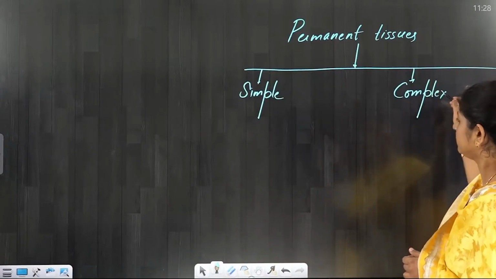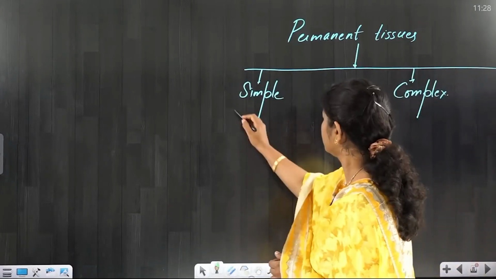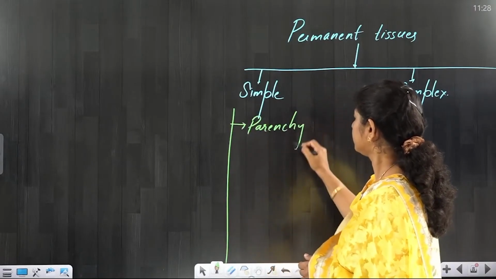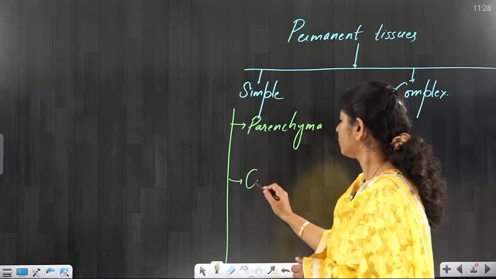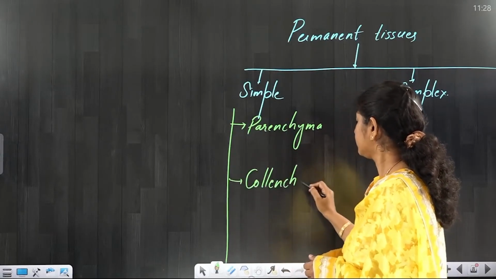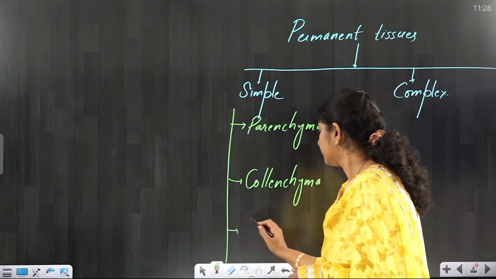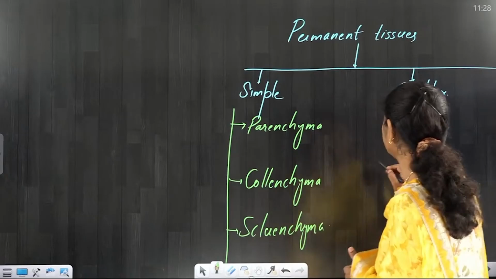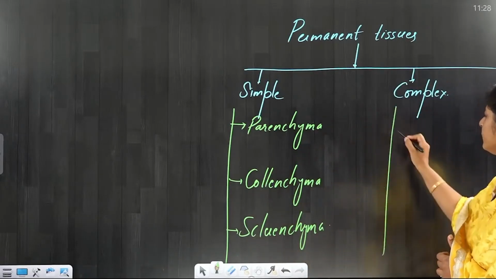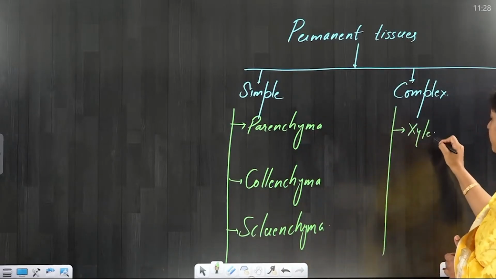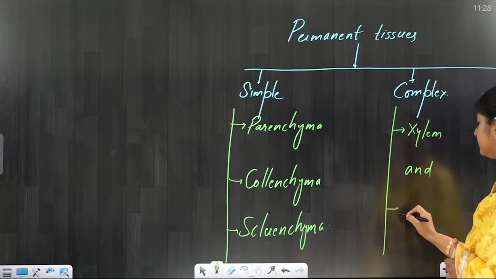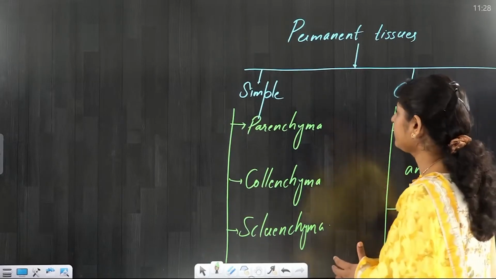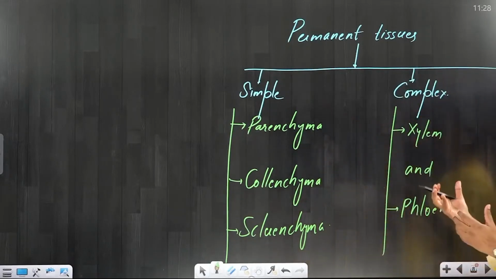Under the simple we will learn about parenchyma, collenchyma, and sclerenchyma. Under the complex you will learn about xylem and phloem, right. So this we will take later, but do remember that this is a map for the permanent tissue.